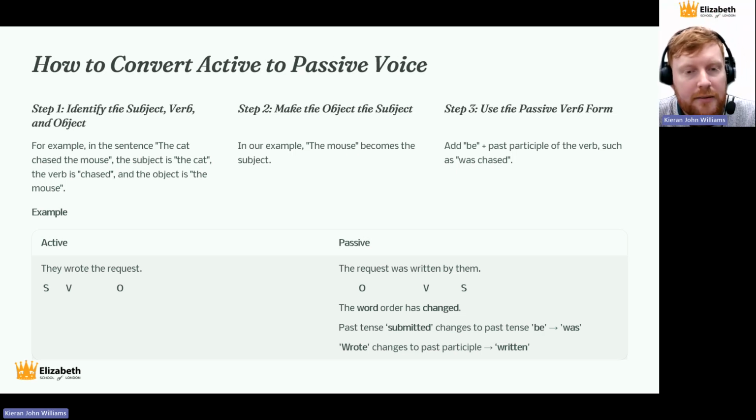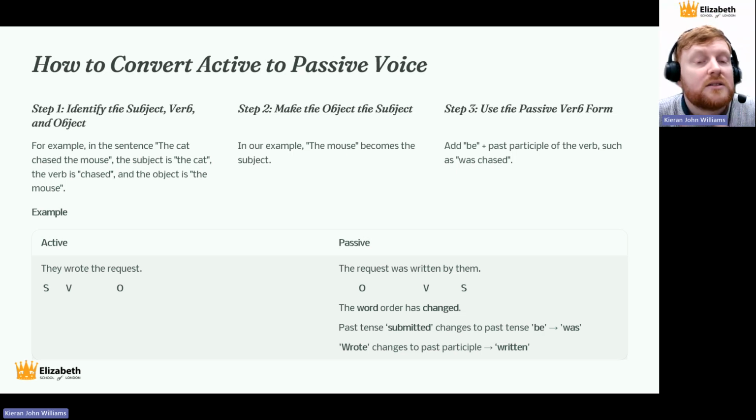But that is if it is in past simple. If your original active sentence is in present simple, for example, you would need to put be in the present simple, which is is, are, or am. And then still, you would need to put your verb into the past participle form. So it would be is chased, or am chased, or are chased.